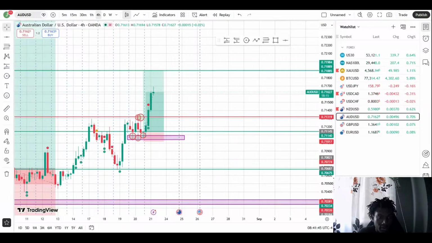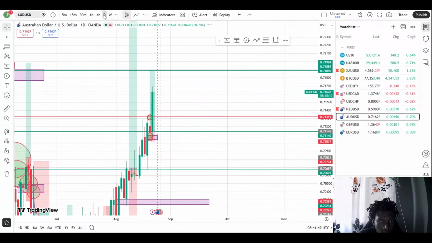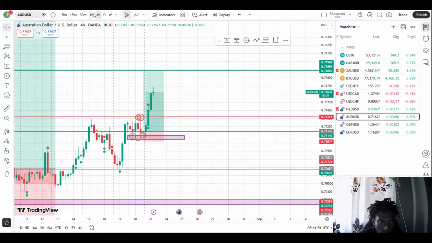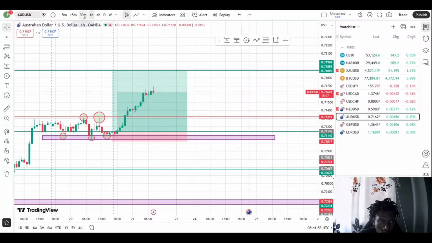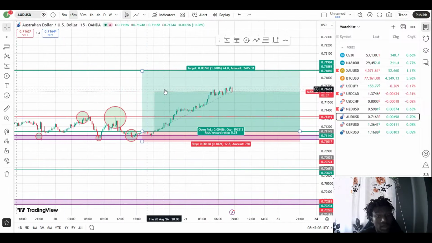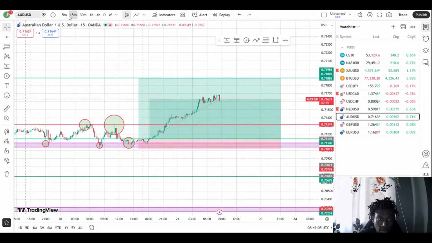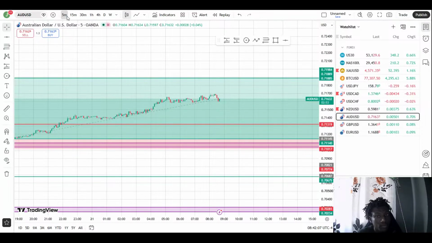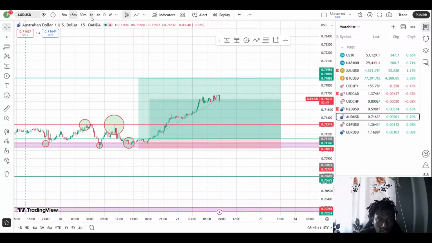Go on the higher time frames, the daily, the 4 hour, the 1 hour. These are the time frames where you analyze the markets, looking at the long term trend. The 15 minute is what I use to get in my entries. Sometimes you can use the 5 minute for better entries.